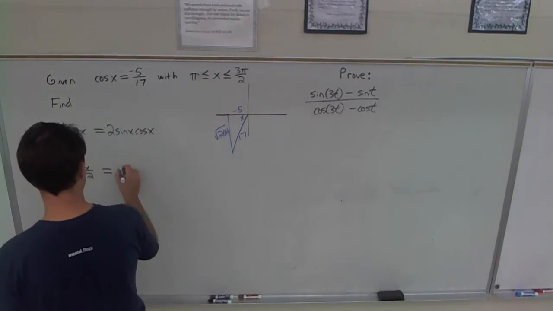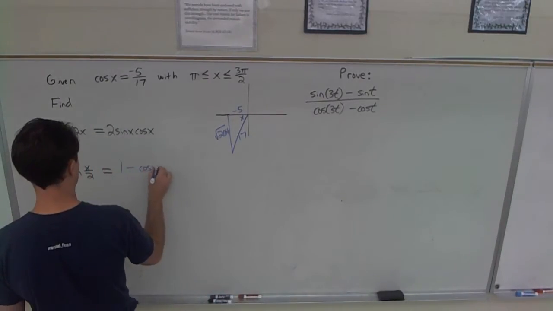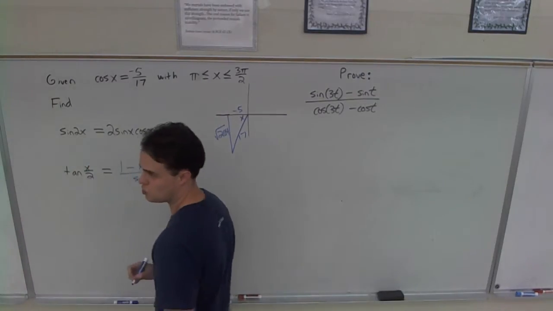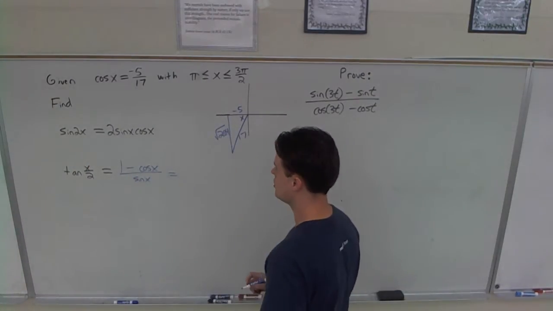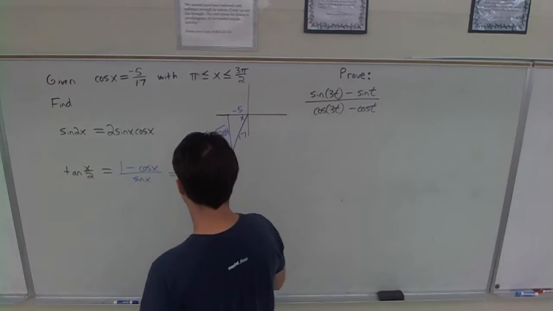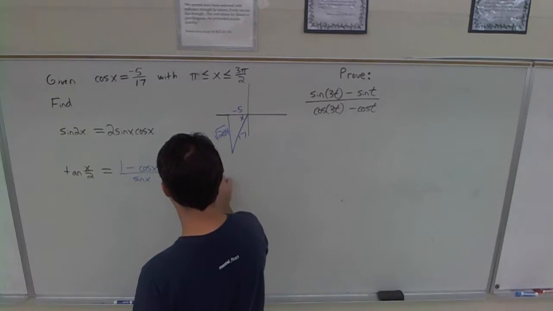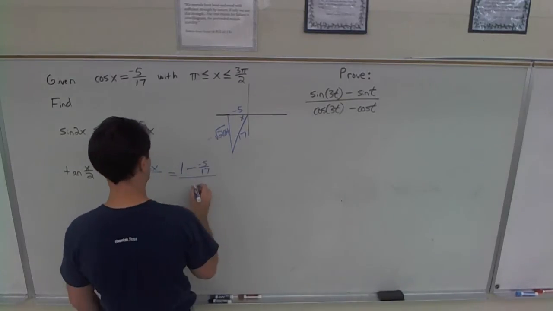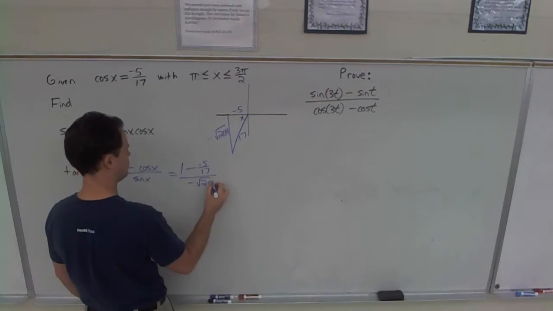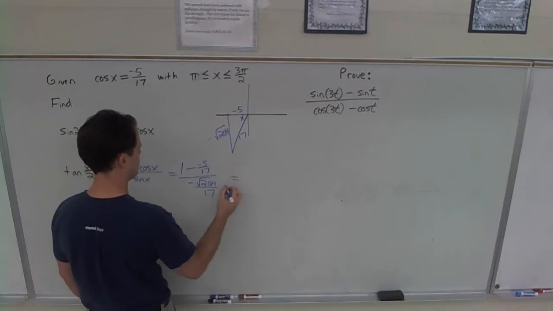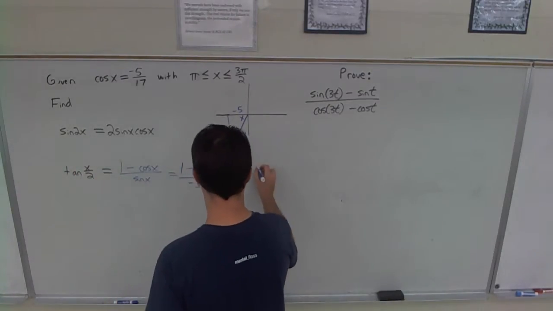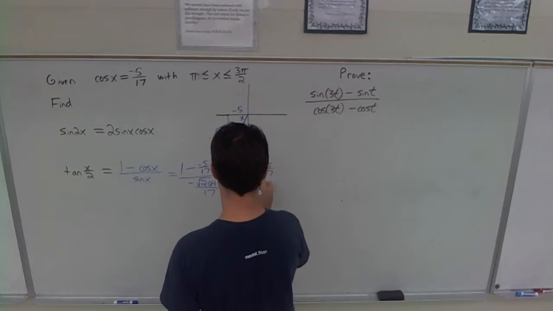I see one that says 1 minus cosine over sine. There's a couple versions. Use which one you like. I'd use one of the easier ones. So for this guy, we're going to go 1 minus cosine is going to be negative 5 over 17. Sine is negative root 264 over 17. So that's going to be 1 plus 5 over 17.